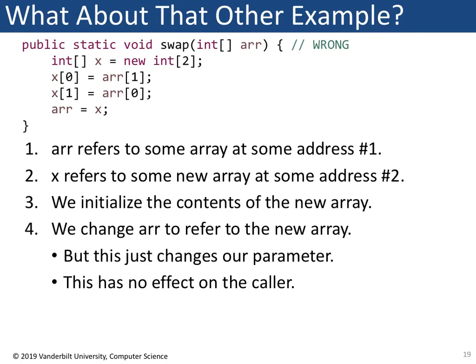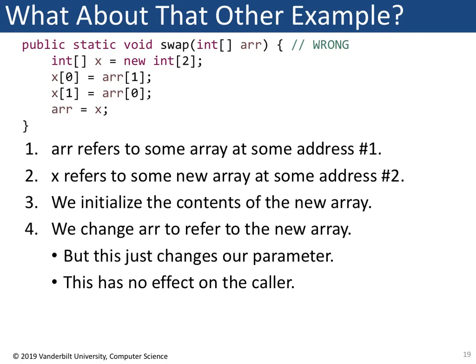So now let's take another look at our second attempt at the swap method that didn't work. In our swap method, we originally pass in a reference to the object we want to swap, the array object that we want to swap the values of. So we have address number 1 here, and then we create another array object called x, and it contains a different array object address. So we'll call that address 2. So ARR has address number 1, but x has address number 2.